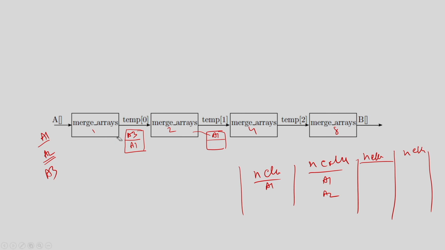It will process A2 now, because A1 is already processed, and it will do the merge by 2 and store here. At the same time, the third block will take A1 and do the merge by 4, and store here. So, here A3, A2 and A1, 3 arrays are processing in parallel. So, 3 sets of data are processed in parallel.